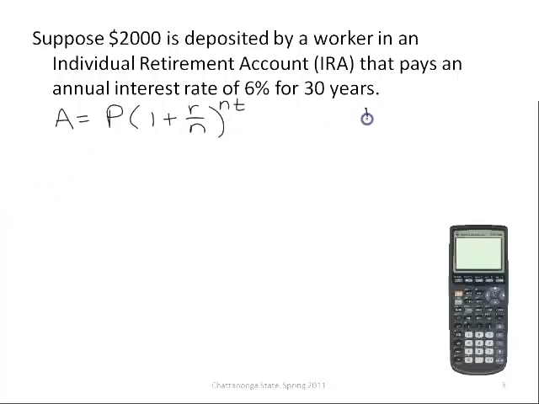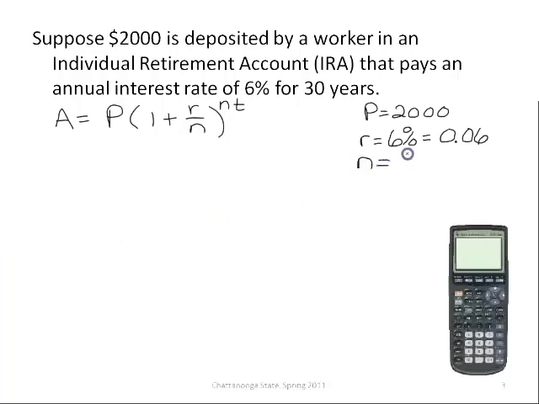Now here our principal is our $2,000 that we're depositing. The interest rate is 6%, and we want to use the decimal form of that 6%. You also could use the fraction form, but for the most part, the decimal form is easier to put in your calculator. So R will be 0.06.